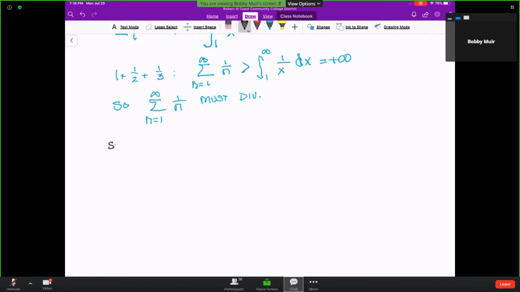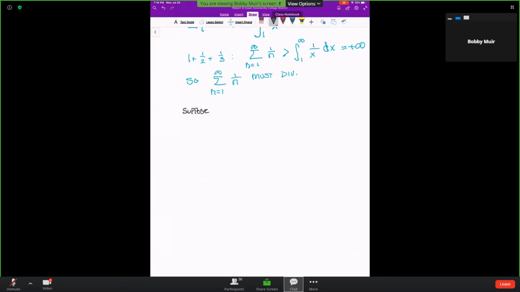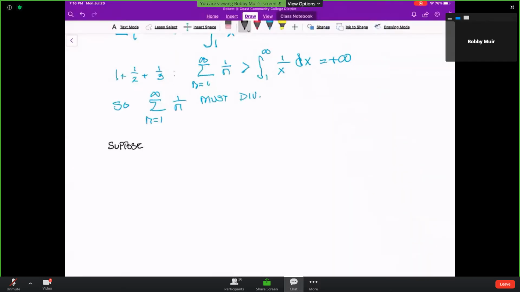So suppose we have a sequence of numbers, a_n, where the limit as n tends to infinity of a_n equals 0, and it is decreasing.